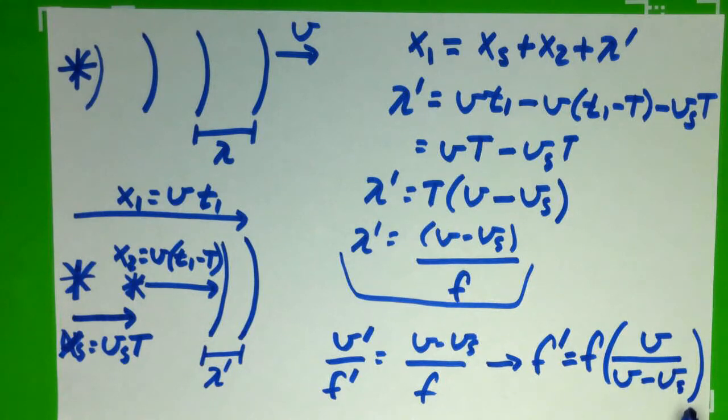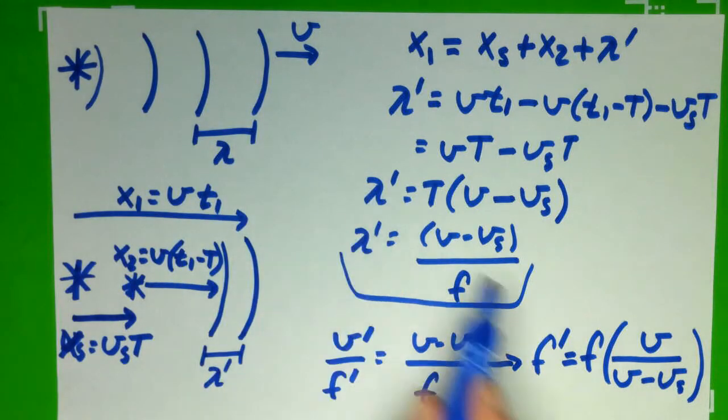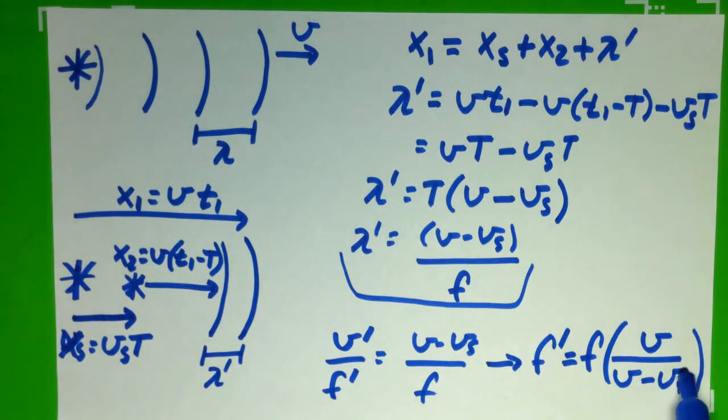Now what I want to point out here before we leave is there's a minus sign there that came from our algebra. And so if the source is moving towards the observer, we call that approaching. If the source is approaching the observer, the value here is positive, but there is an algebraic minus sign in front. So we're minusing a positive value when the source is approaching the observer.